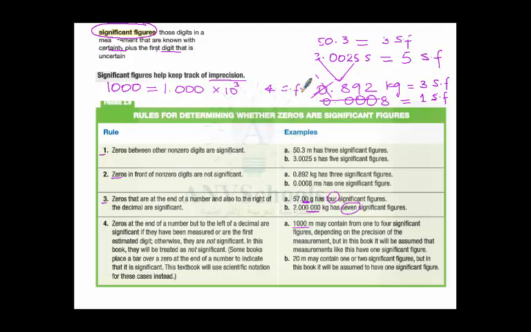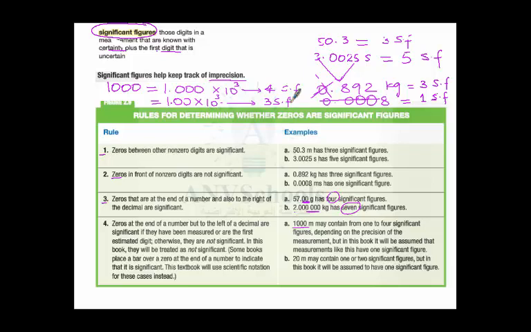I can also write this as 1.00 multiplied by 10 to the power of 3. So in this case, we have how many significant figures? We have only 3 significant figures.